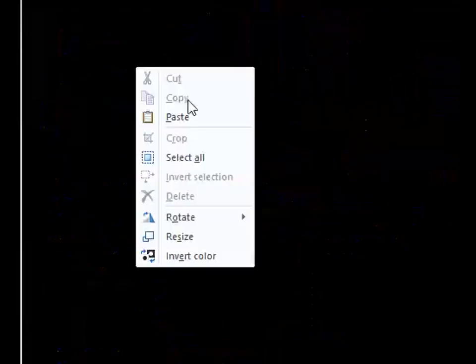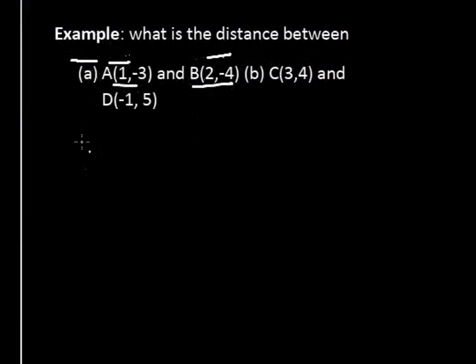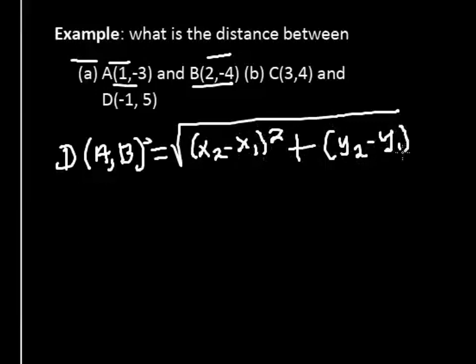What is the distance between, they have this A part of the question, between A and B. So this is the coordinate of A and the coordinate of B. So the distance between A and B, of course applying our formula, don't forget, is the square root of delta x, which is x2 minus x1, all squared, then plus delta y, y2 minus y1, all squared.